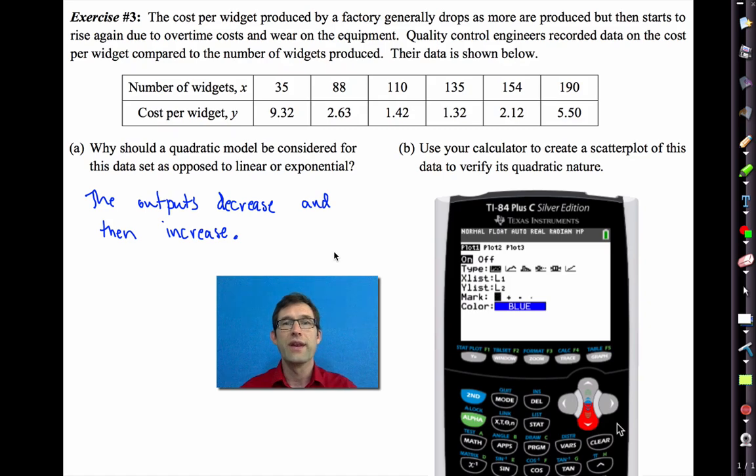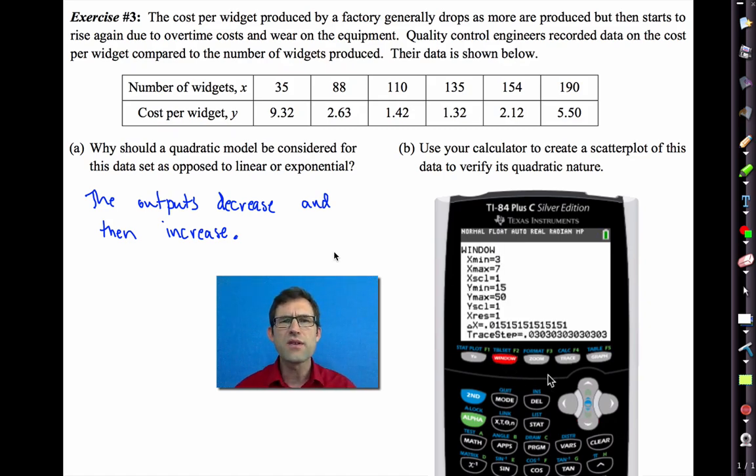Let's pop into our window now. Okay, remember we want the window to contain all the data, but in as little space as possible. So when I scan the x-axis, what I see is that my minimum is 35 and my maximum is 190. So I think I'll set x minimum to be 30 and x maximum to be 200.